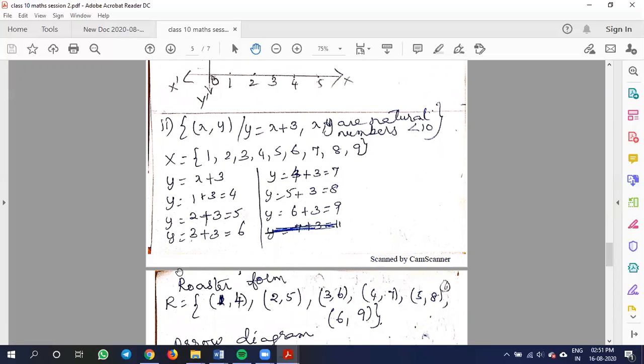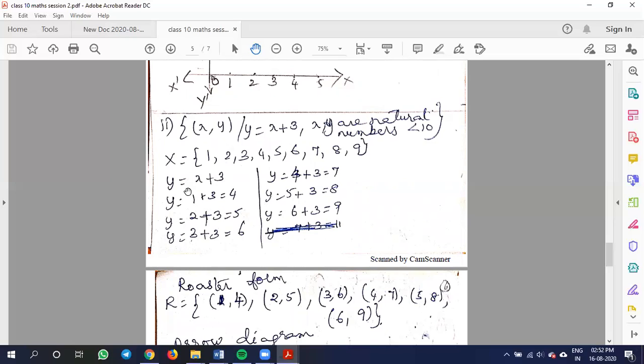X and Y are natural numbers. Now we have to find out Y. So both the sets X and Y are the same. X is 1, 2, 3, 4, 5, 6, 7, 8, 9, and Y is also 1 to 9. Okay. So here what you are going to find out, you take y is equal to x plus 3.